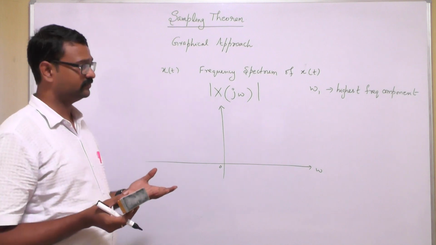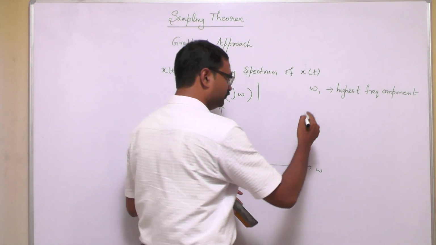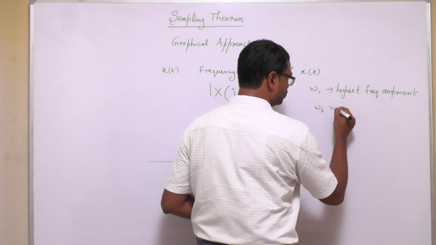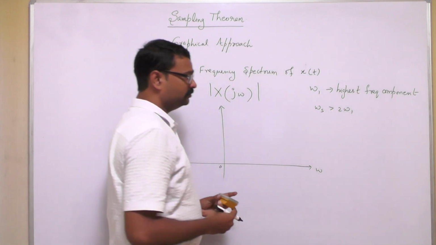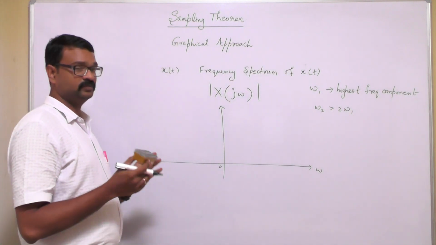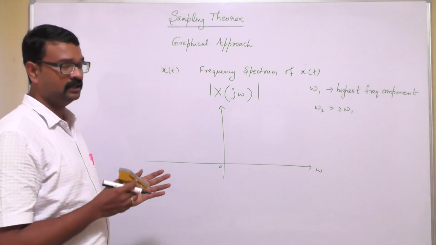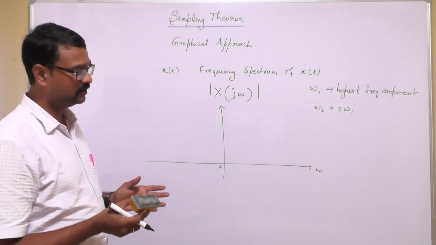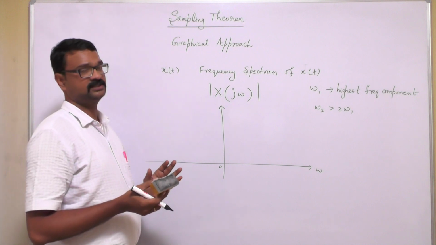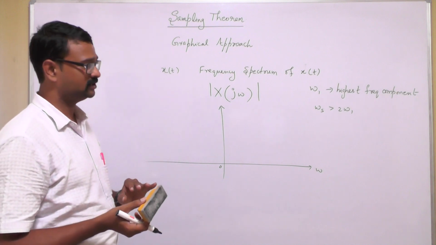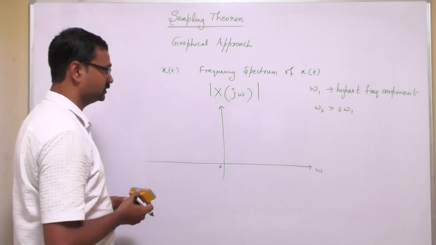If we consider the highest frequency component and omega s greater than 2 omega 1, the sampling theorem states that the signal can be satisfactorily sampled and can be reconstructed back into a continuous time signal from a sampled data signal.